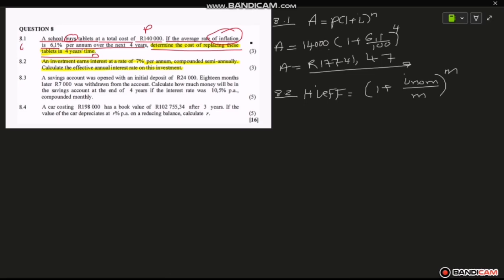Yes. So 1 plus I EFF equal to, open bracket, 1 plus I nominal. The I nominal is 7%, therefore you divide it by 100. It will be 0.07 over the compounding period, which is 2, because they said semi-annually, to the power 2.